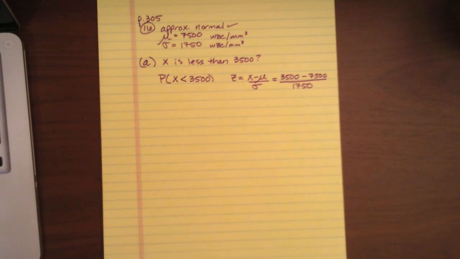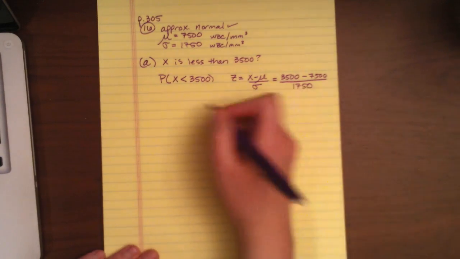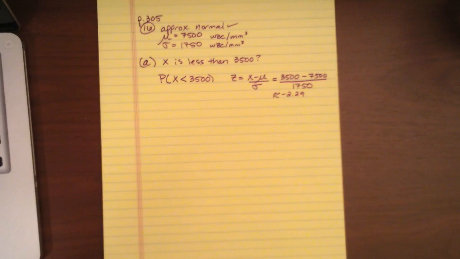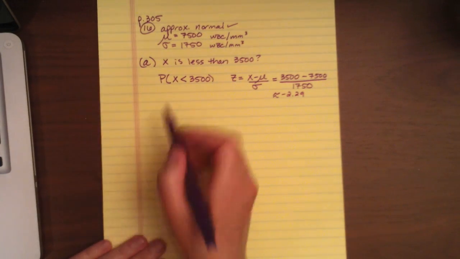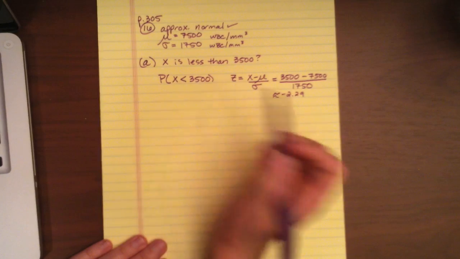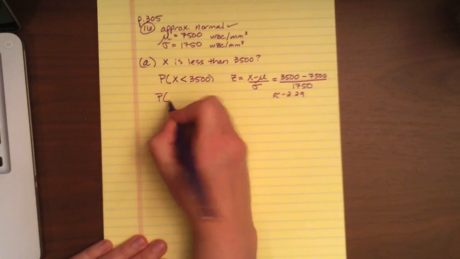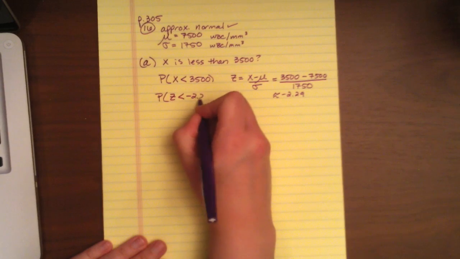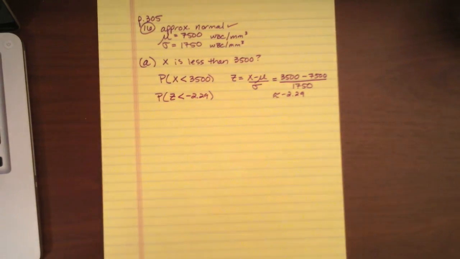And we get about negative 2.29 for our z-score here, following the book's convention of rounding to 2 decimal places. So asking for the probability that a single test, X, is less than 3,500 is the same thing as asking for the probability that Z is less than negative 2.29.